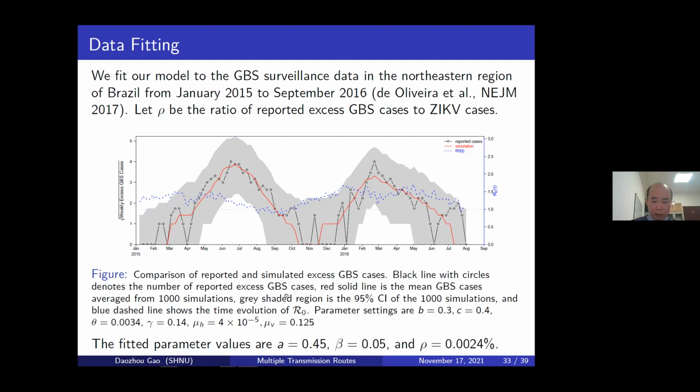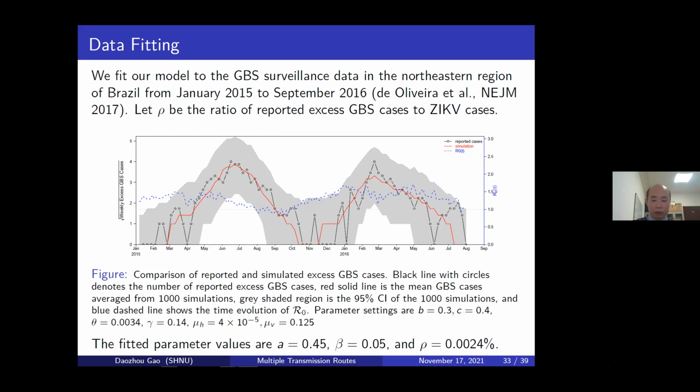Here we fixed the parameters D, C, theta, gamma, mu H and mu V, and fit parameters A, beta, and rho. Rho is the ratio of reported excess GBS cases to Zika virus cases.